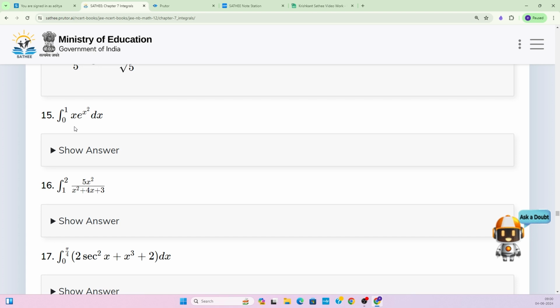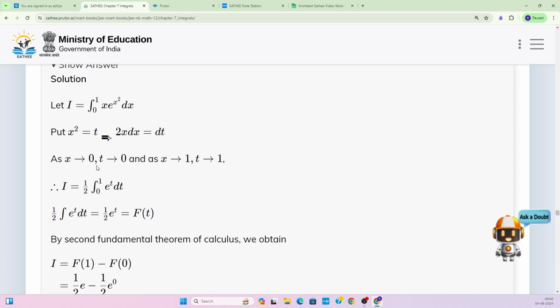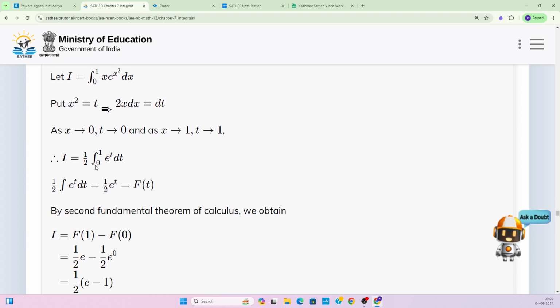So definite integral from 0 to 1 of x e to the x square dx will be what? First of all, finding the indefinite integration. We will be using x square equals t as our substitution. This will give you dt equals 2x dx. As you can see, if x approaches 0, t approaches 0, and x approaches 1, t approaches 1. So my definite integral can be reduced to half of the integration from 0 to 1 of e to the t dt.